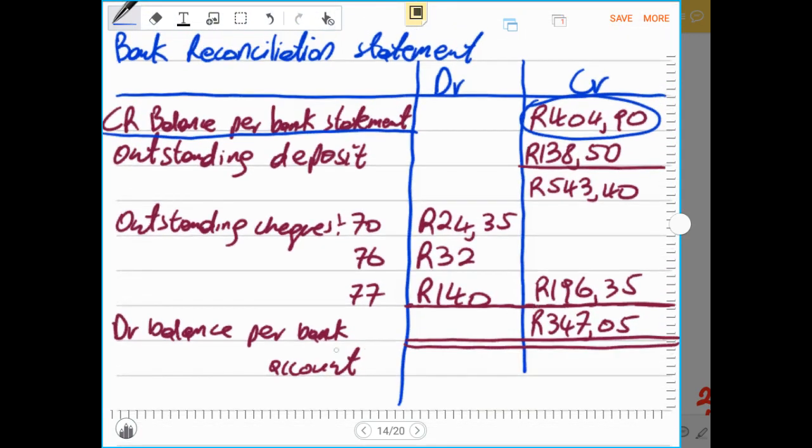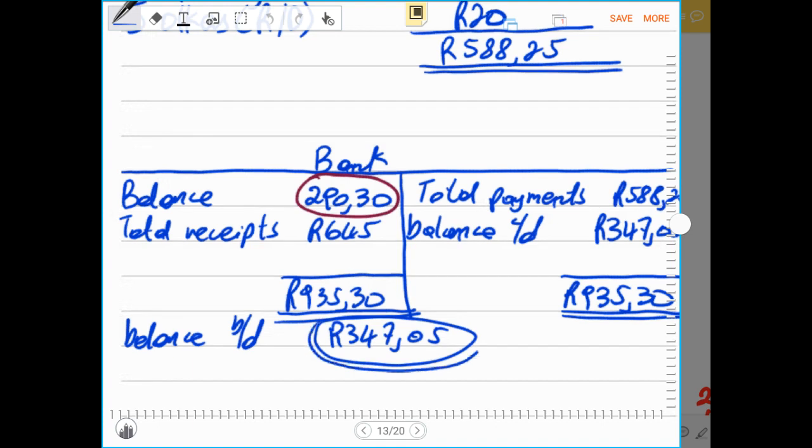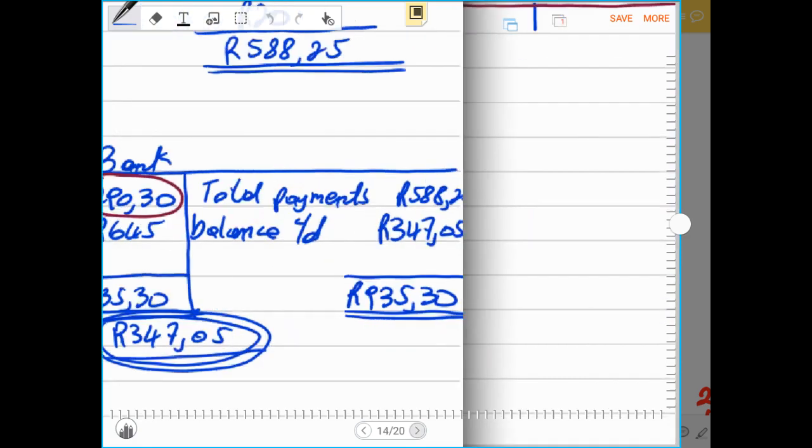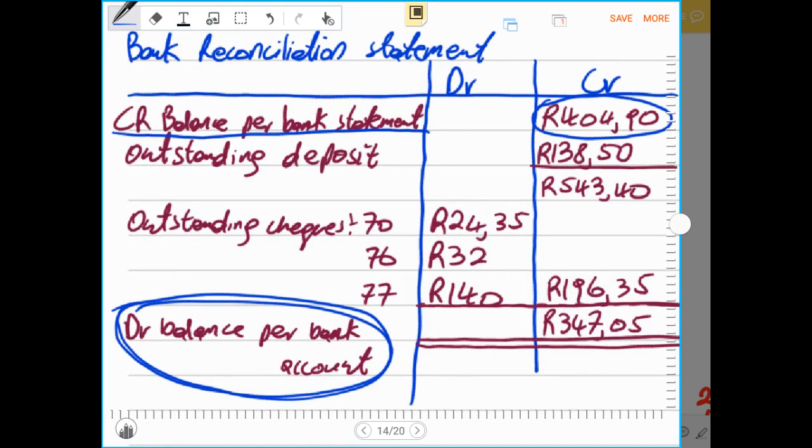So that's why here we say debit balance per bank account, because the bank account had a closing debit balance. There it was balance brought down 347.05. So that's why we change the language here. We start by saying debit balance per bank account, not per bank statement. Only the opening balance is per bank statement.